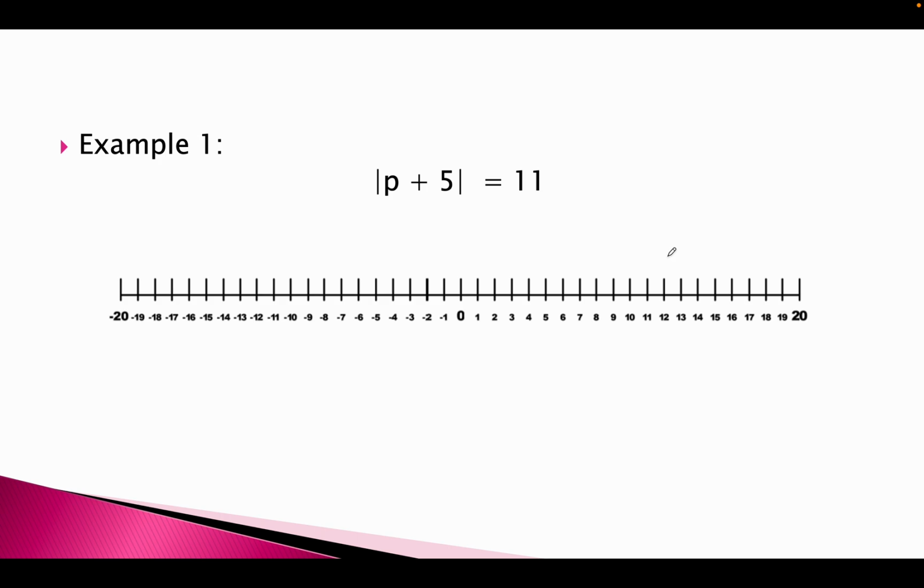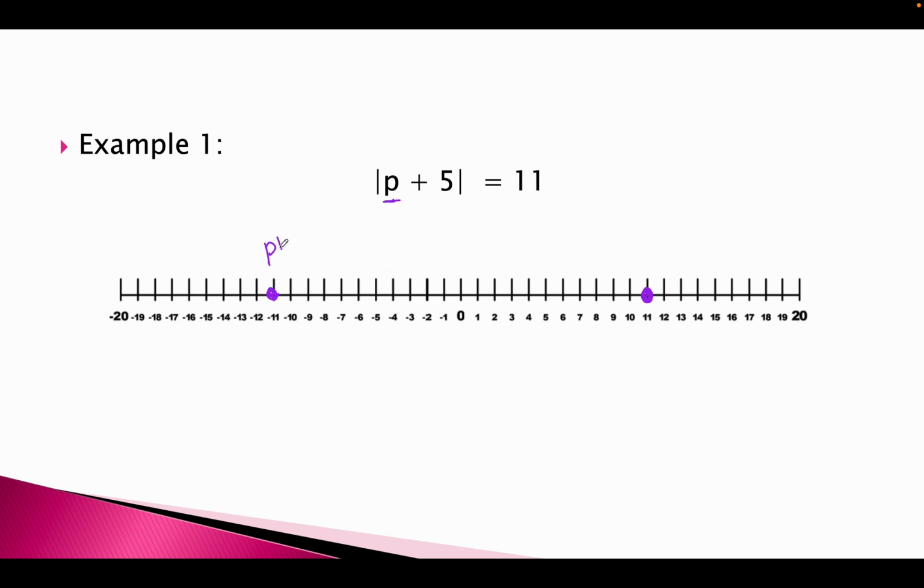Now let's take a look at something a bit different. The absolute value of the quantity of p plus 5 is 11. So what I want to know is, what would p have to be to make this quantity 11 spaces from 0, because it's a whole quantity inside the absolute value. So we know that 11 spaces from 0 are 11 and negative 11.